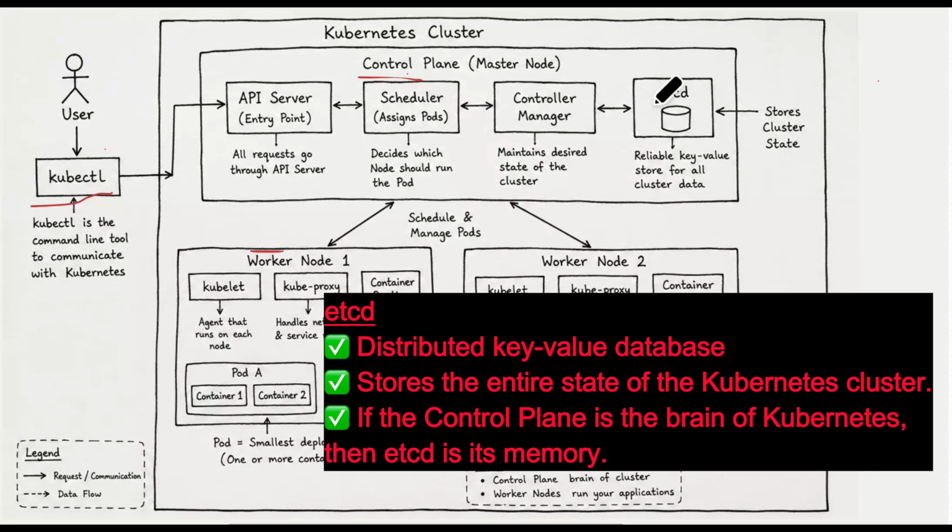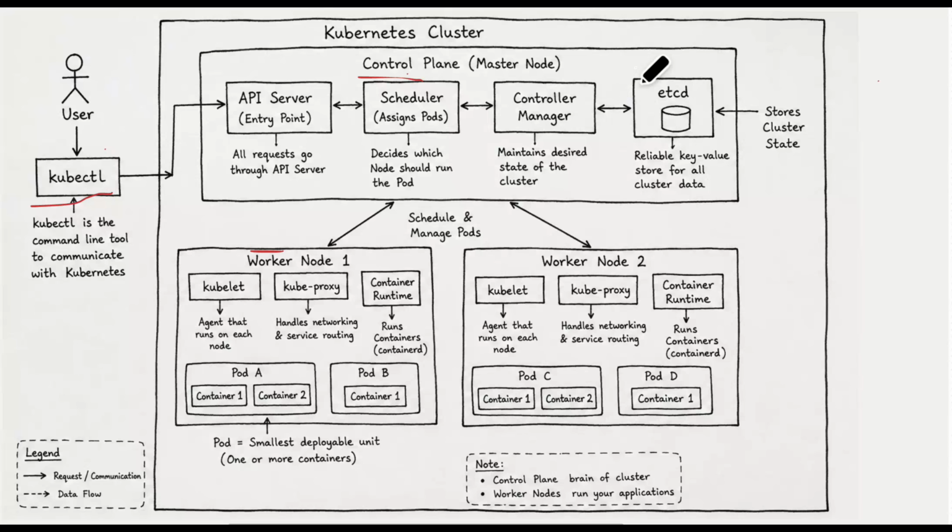Now we know the control plane acts as the brain of the Kubernetes cluster, and etcd is its memory. So I hope you understand why we are using etcd. Whenever something changes in the cluster, Kubernetes stores that information in etcd.